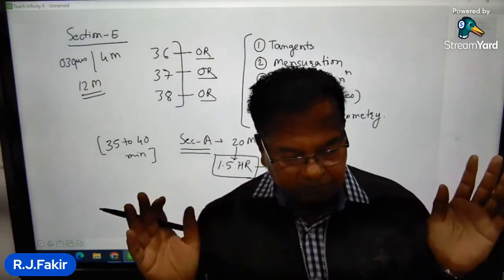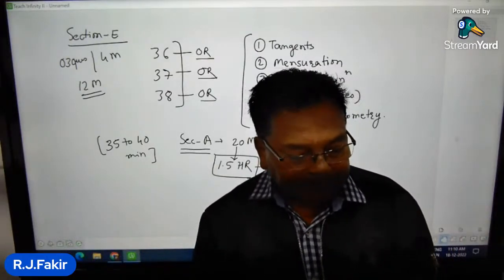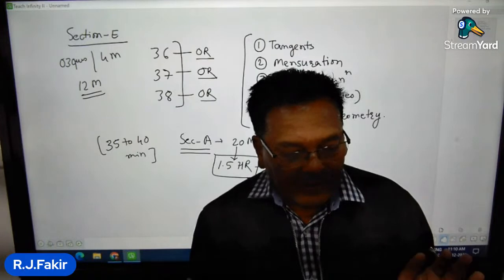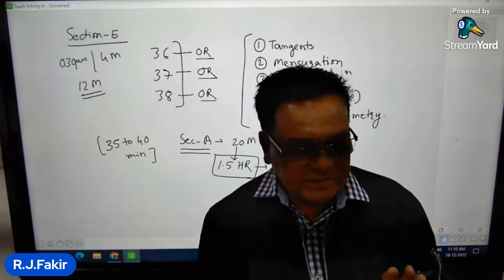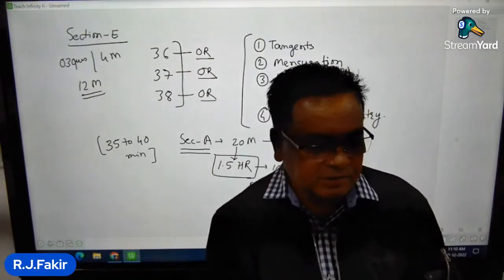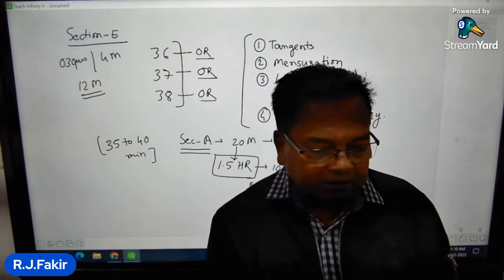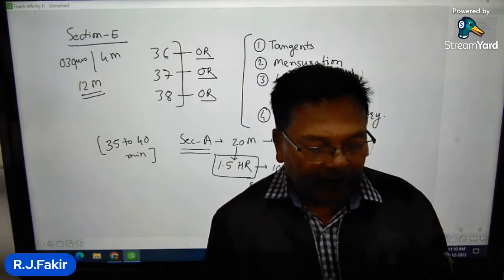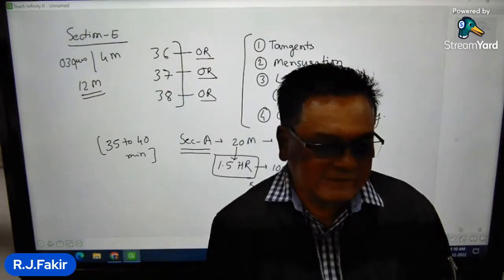We make a map of that total question paper in our mind and try to understand how we can complete all of our 80 marks work in 3 hours. Time management is very, very important when you go for the exam.